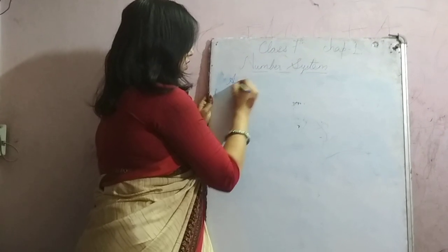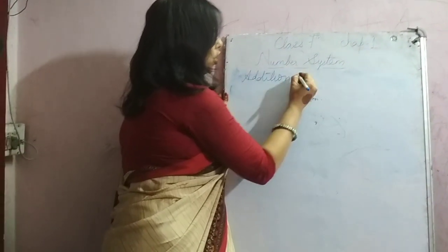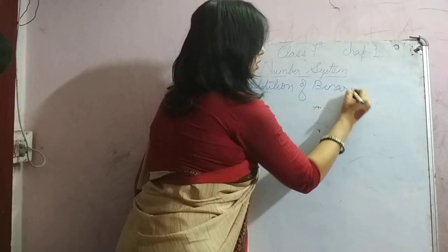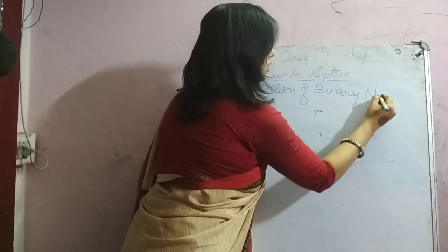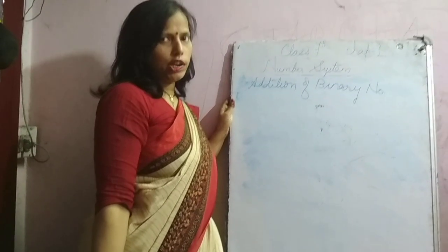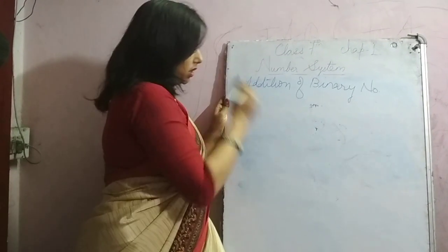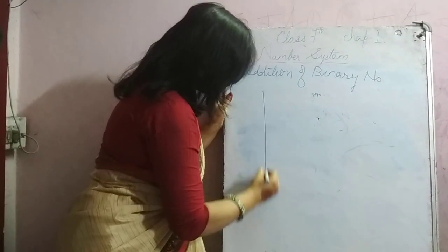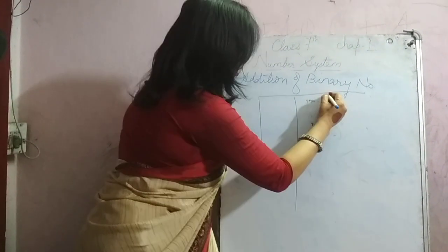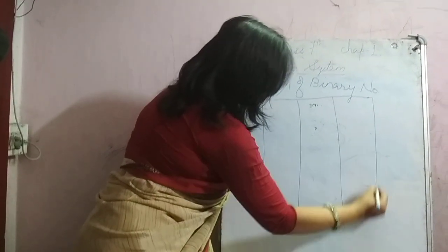Addition of binary number. It is very much similar to simple addition in mathematics, what we do. So just see the table how to do the simple addition in binary number.